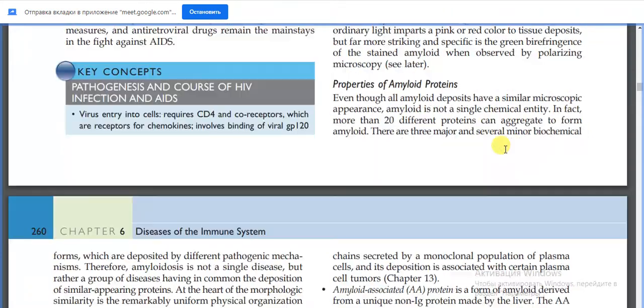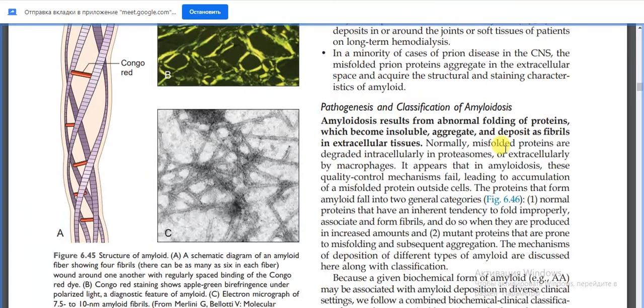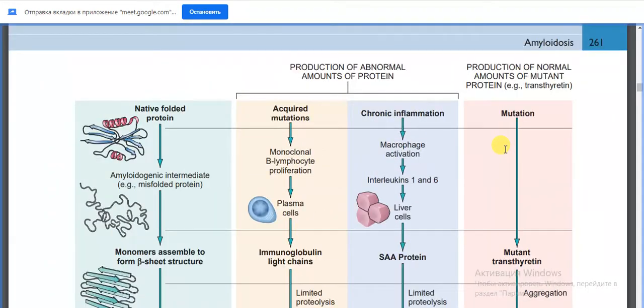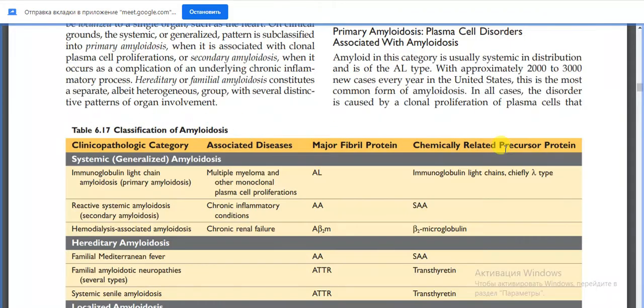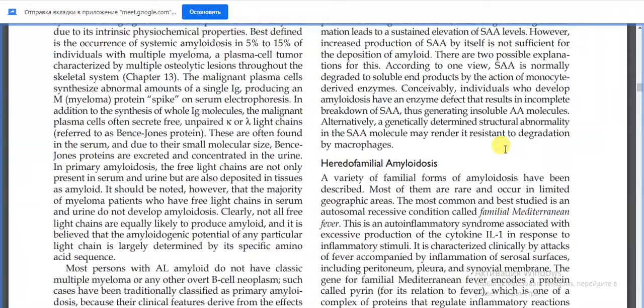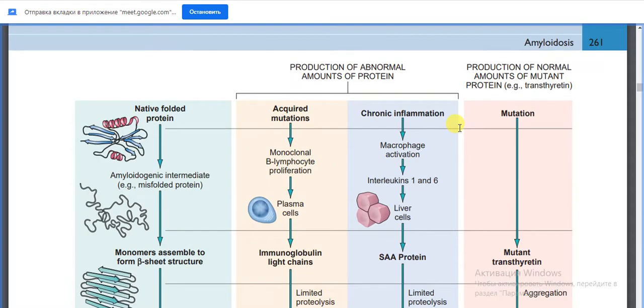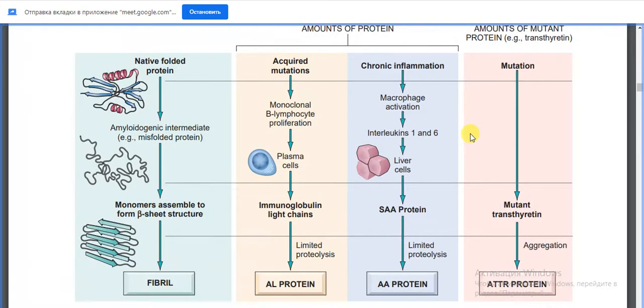So I just want to show you diagrams. In easy words, we have different types of proteins. You remember that we discussed misfolded proteins during apoptosis.